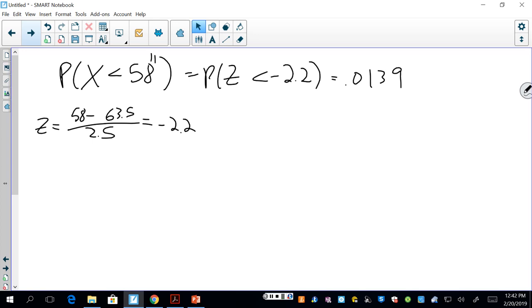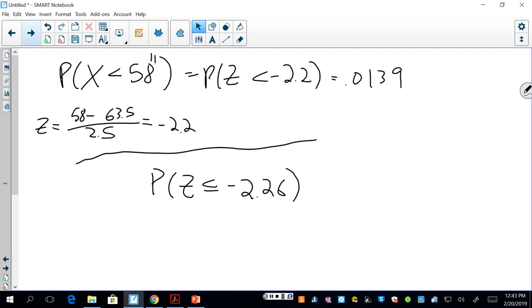So if you needed something like the probability that z is less than negative 2.26, say, just to illustrate looking up on the table, that's a little bit further away from 0. It's a little further down, so it's going to be smaller. You would look at the negative 2.2 row, but then go over to the 0.06 column, to get that one.